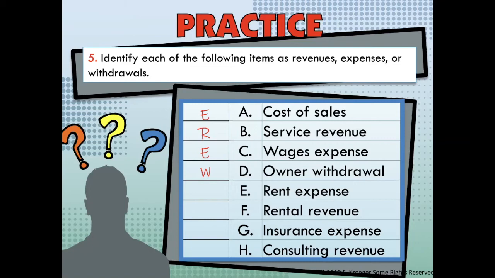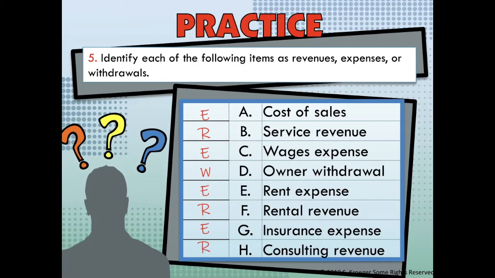E, rent expense would be an expense. F, rental revenue would be a revenue account. G, insurance expense would be an expense. And lastly, H, consulting revenue would be a revenue account.